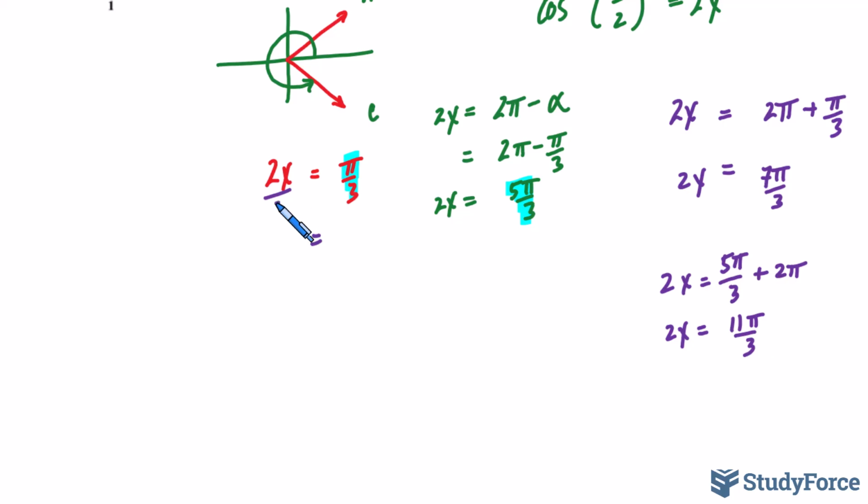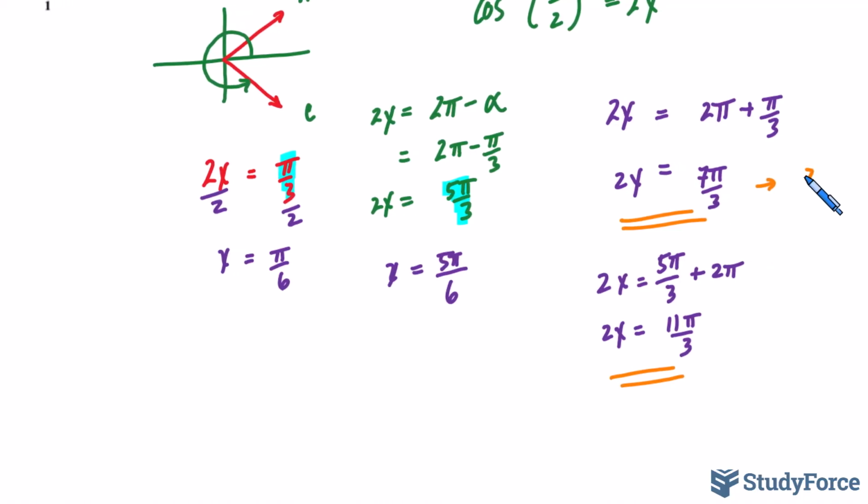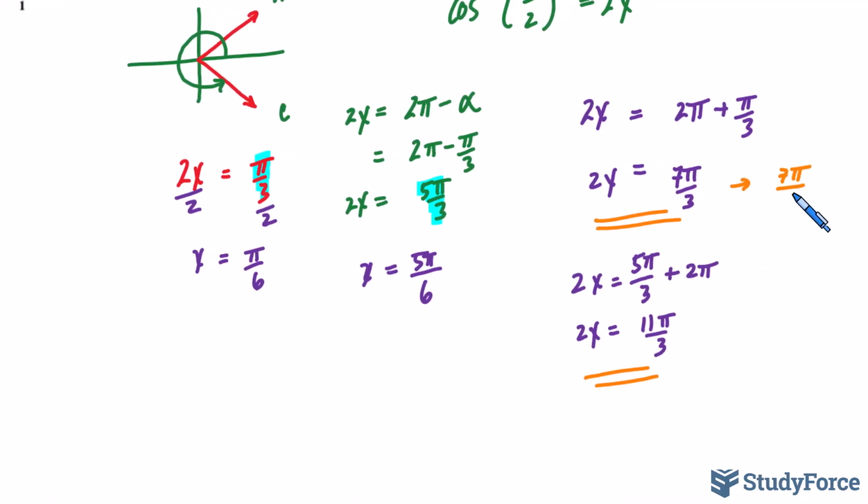So if I divide this equation by 2, I end up getting an x value that is pi over 6. If I solve this next equation by 2, I end up getting 5 pi over 6. And we have to do the same for this equation and that equation. If we do it for this equation, we get 7 pi over 6 as a value of x.